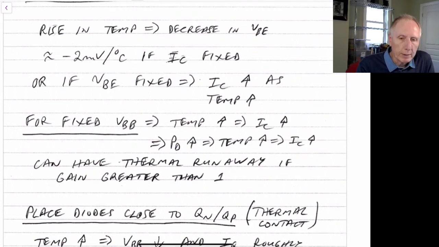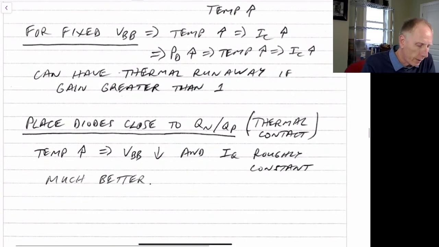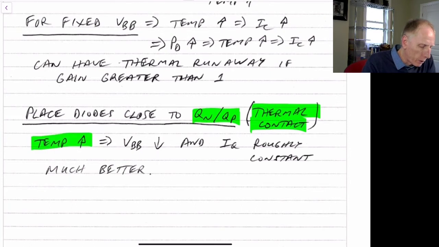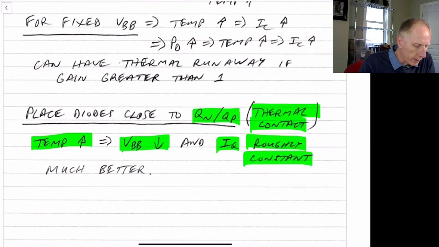If the power transistors generate a lot of heat, but the bias VBEs are in a position in the chip which is not getting very hot, then you're going to end up with the two not matching at all and having this potential for thermal runaway. But if you place your diodes close to where the output transistors are, the power transistors, so they're thermally close together, then as the temperature goes up, the VBE will drop and the IQ will remain roughly constant, which is a much better way to bias it.